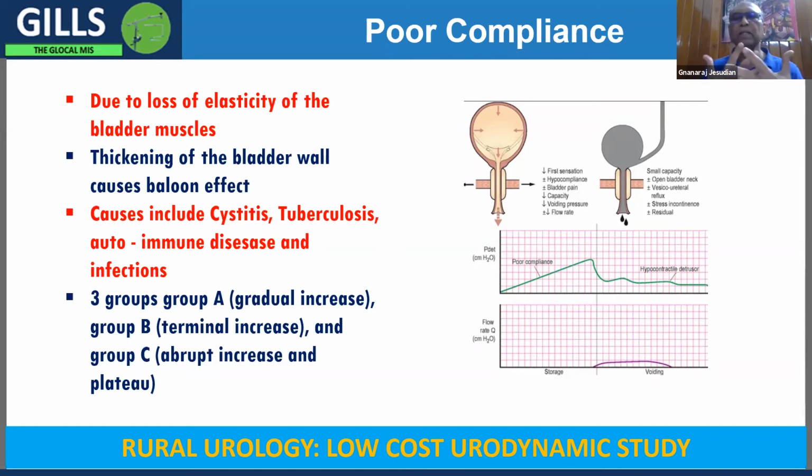But if the muscles become thick, as happens with cystitis, tuberculosis, or many of the autoimmune diseases, this elasticity is lost. So instead of the curve being straight like this, it'll keep going up almost like a balloon. Neurovesical dysfunction is another cause where this compliance is poor.